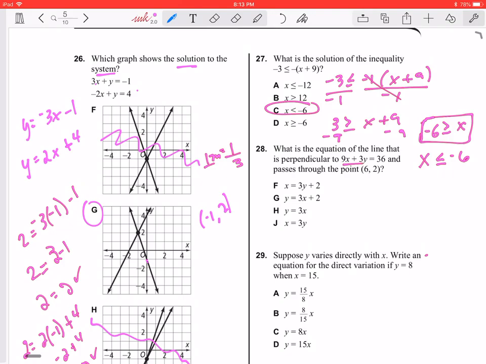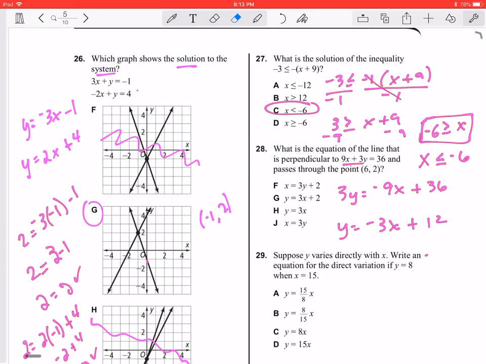So we have 3y is equal to negative 9x plus 36. y is going to be equal to negative 9 divided by 3, which gives us negative 3x, plus 36 divided by 3, which is 12.